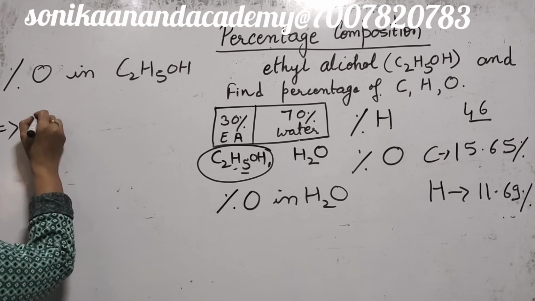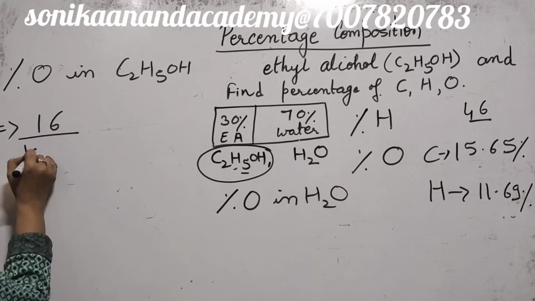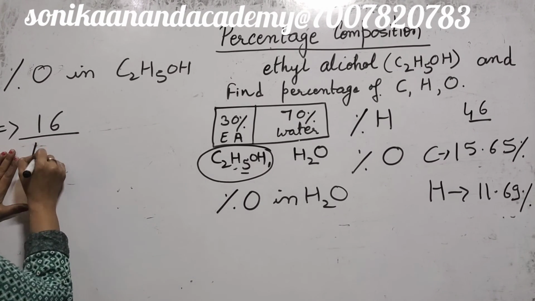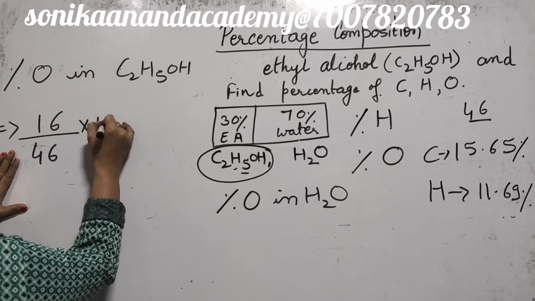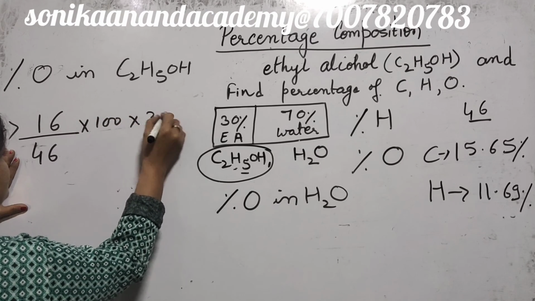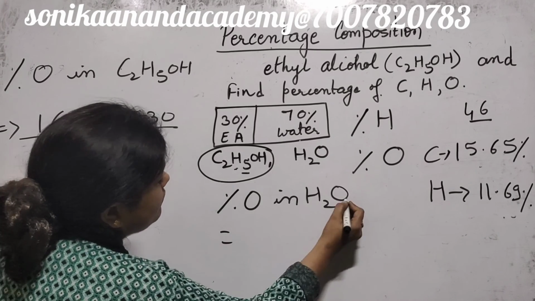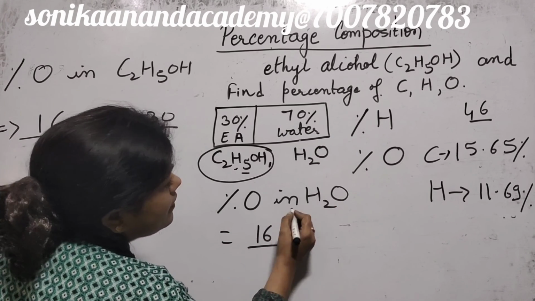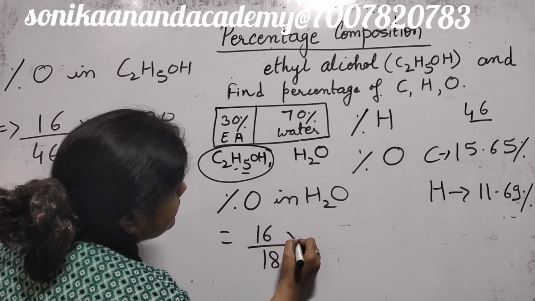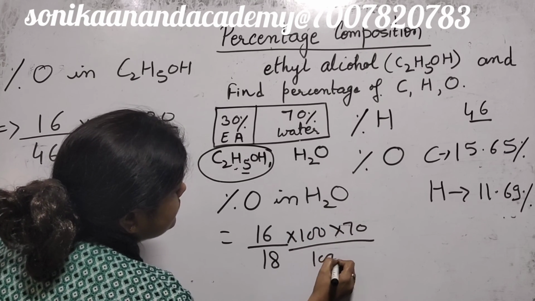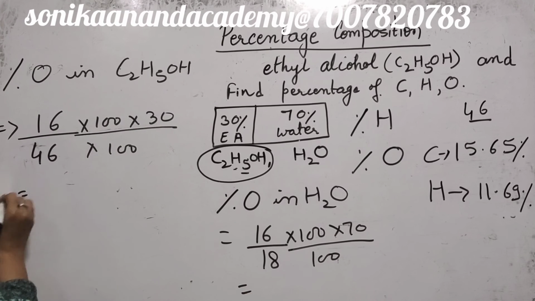So oxygen 1 atom, that is 16 over 46. Molecular weight of ethyl alcohol is 46 into 100 into 30 by 100. Okay, and here what do we get? 1 atom 16, molecular weight 18 into 100 and 70 over 100. Both the cases you find the answers, then add up both of them.